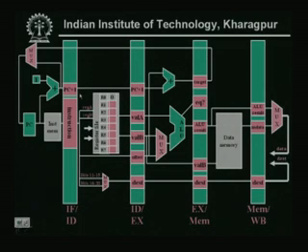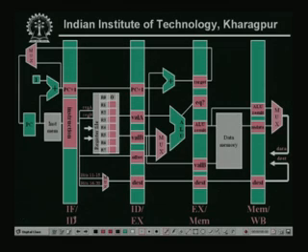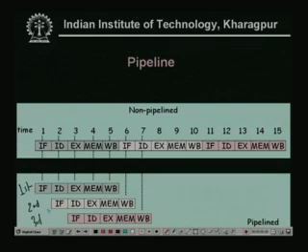So, if we see the actual architecture of this pipelining, say these are instruction fetch, instruction decode, instruction execute, there is execute and memory, and then memory and write back.